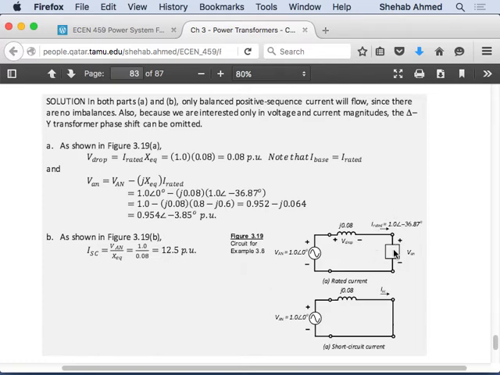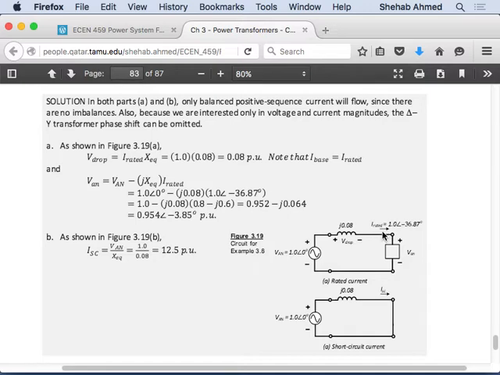This is the secondary side, right? So you have a load connected to the secondary side. You have rated current going through. That means you have a load on the secondary side. So you've connected your circuit with a voltage source, impedance, and a load here. I don't care about what the load voltage is, because what I'm asking about is the voltage drop across the transformer. That's all I'm asking for in this problem. So you were given the current from the wording of the problem.